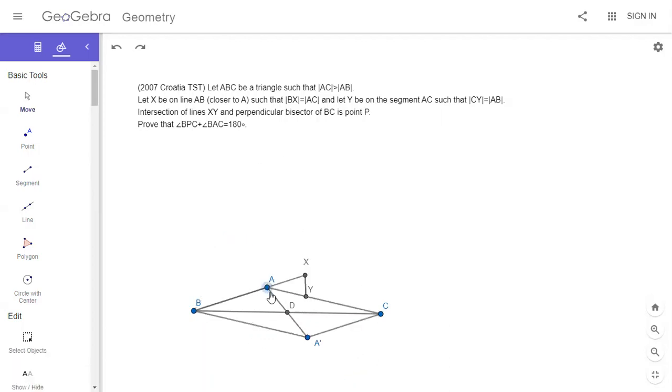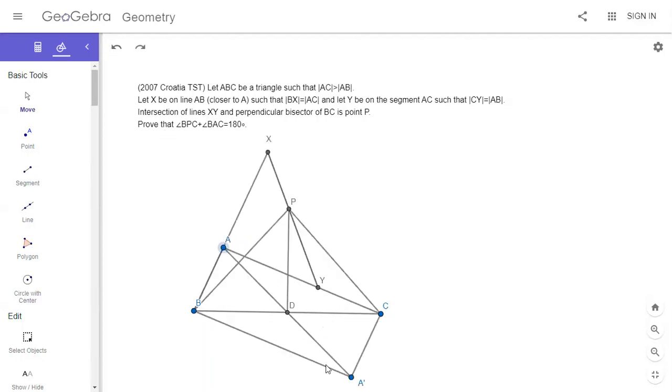No, because you could have it like that, for example. But A prime BX is isosceles and A prime CY is isosceles. And I think we should be able to use that to show that those two triangles are somehow similar isosceles triangles. In fact, they are similar isosceles triangles, but I think we should be able to use that to show that A prime, Y and X are collinear.